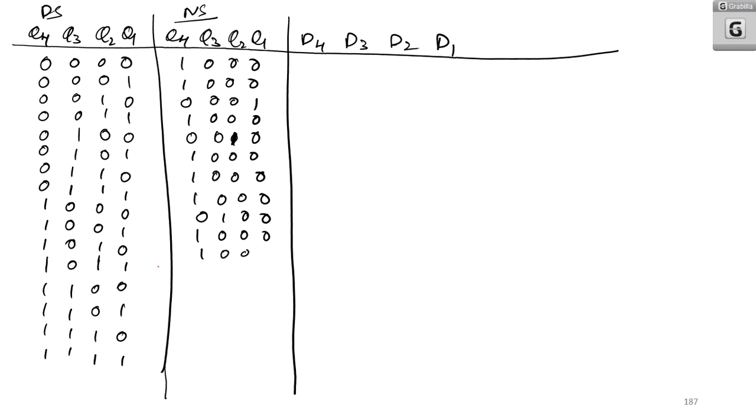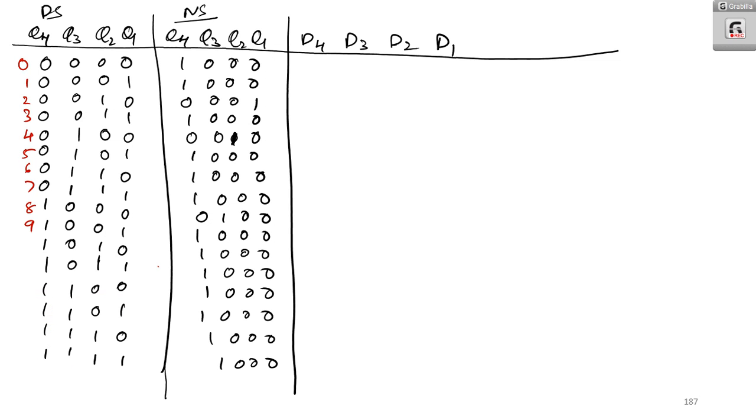If you are writing the decimal equivalents of the present state, you will get 0, 1, 2, 3, 4, 5, 6, 7, 8, 9, 10, 11, 12, 13, 14, and 15. From 9 to 15, everything is an invalid state, so you are going into 8.